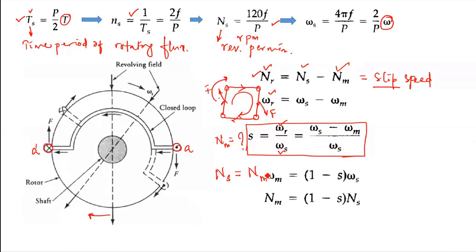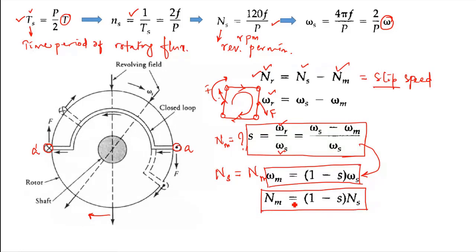So if I write the speed of the rotor in terms of the slip and the speed of the rotating field, I can write it as omega m equals 1 minus s into omega s. Just adjusting this equation, you will get this equation. And again converting it into RPM, I will get Nm equal to 1 minus s into ns.